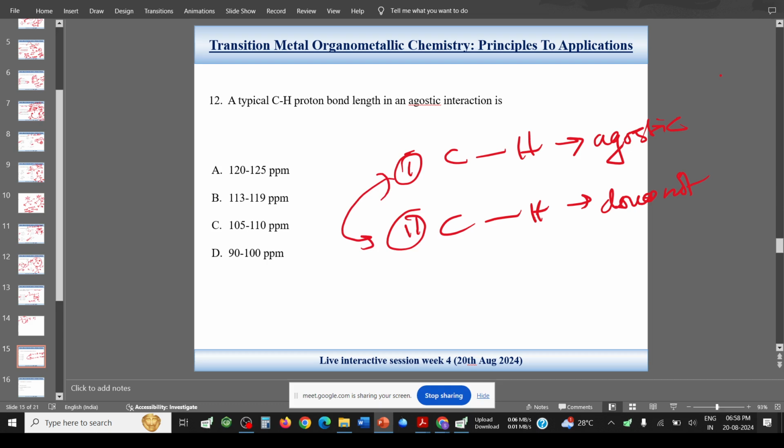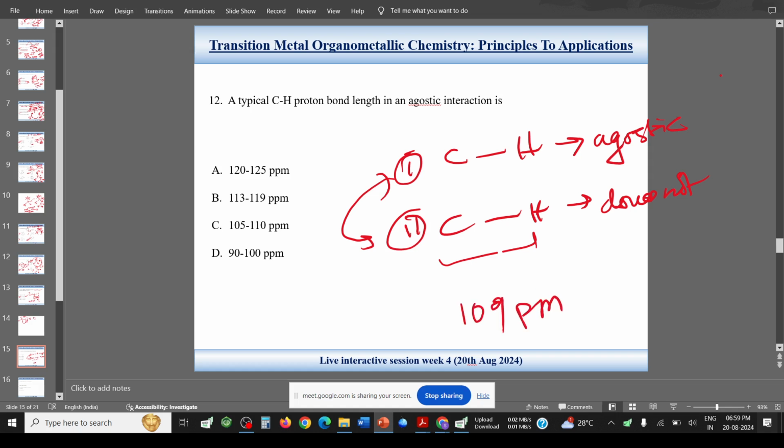I am discussing this agostic interaction since the start of today's session. If it has agostic interaction, the bond length increases. If it does not have agostic interaction, then the bond length is shorter compared to the agostic one. Yes, that is correct. So here our normal CH bond length is 109 pm.